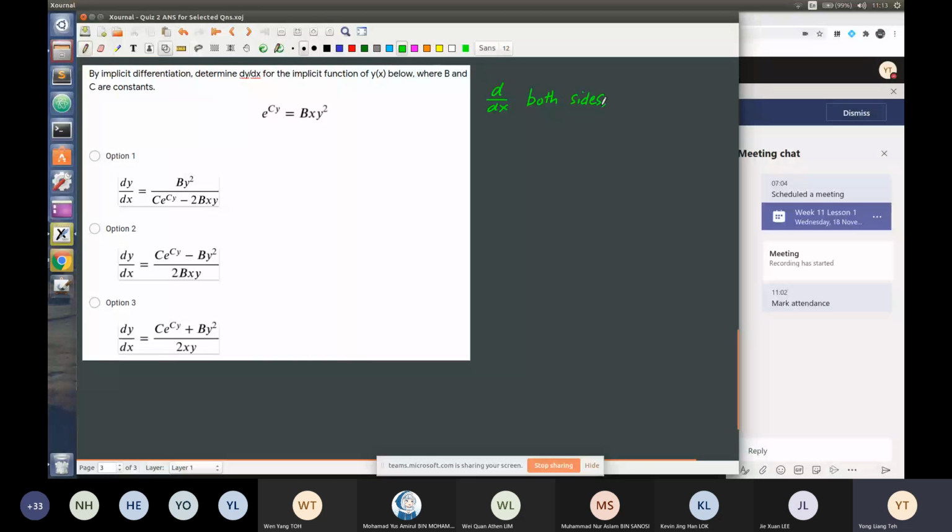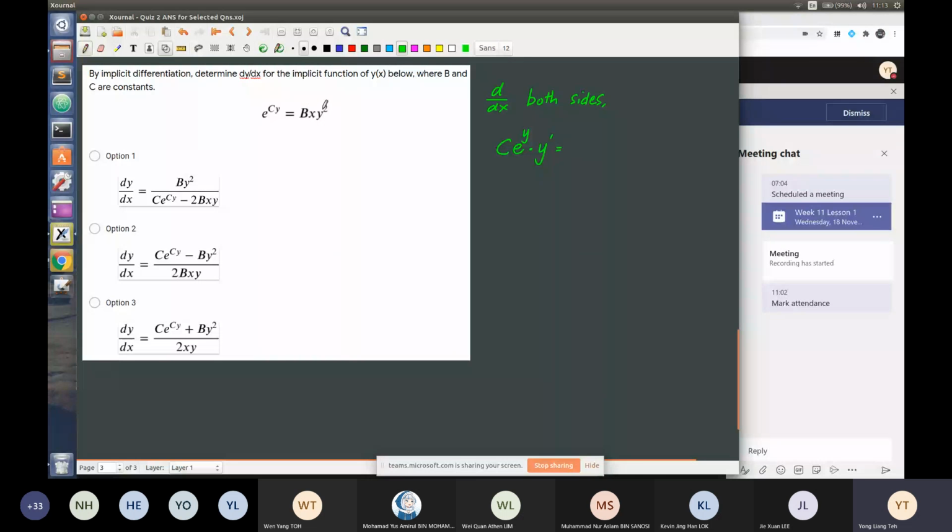And we get e to the cy, so just c e to the y. Differentiate e to the cy with respect to y. Whenever you differentiate with respect to y, you put a y prime. That's your chain rule. So that's good for the left-hand side. For the right-hand side, you have two functions of x, bx multiplied by y squared.